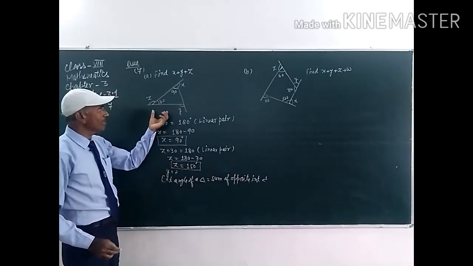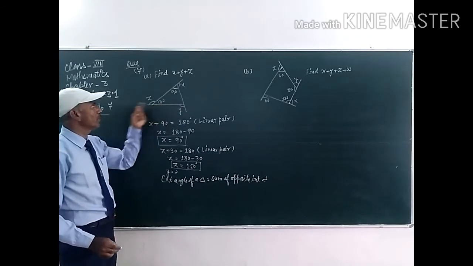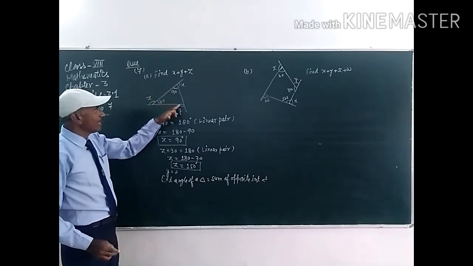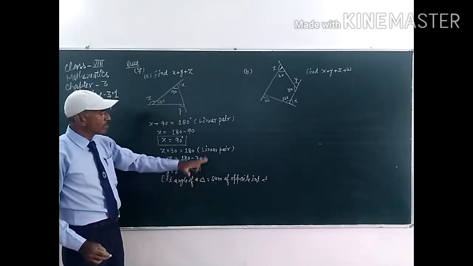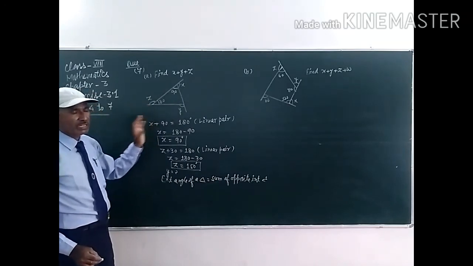In class 7th, you have already studied it, student. In a triangle, the exterior angle is equal to the sum of opposite interior angles.